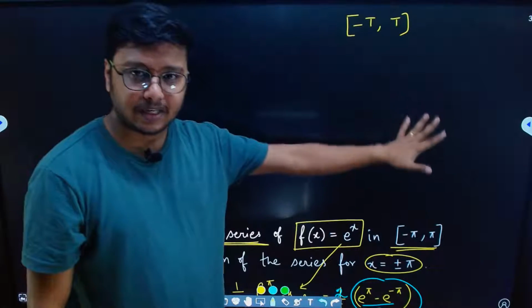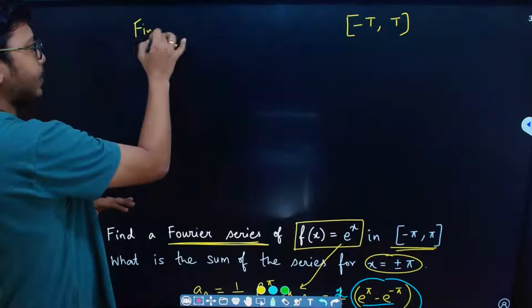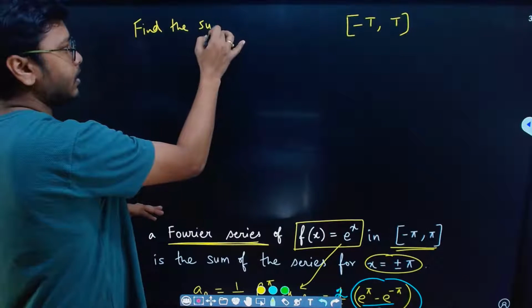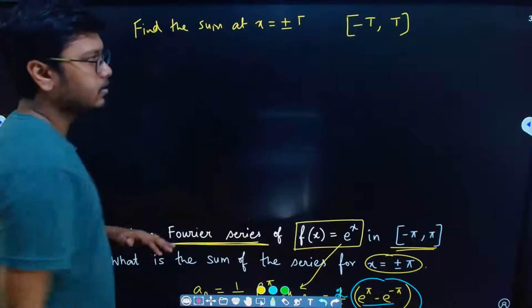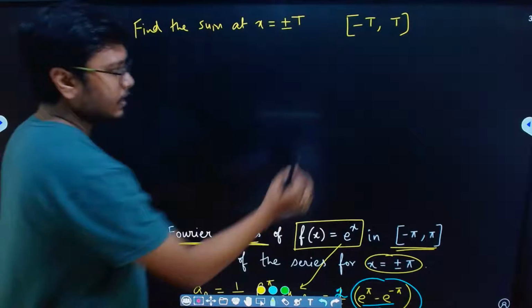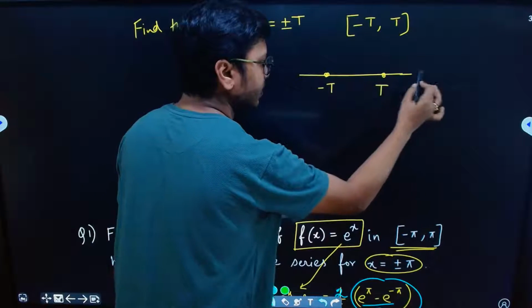If it is minus t to t, and the question is asking to find the sum at x equals plus minus t, if I draw a number line, let's say this is minus t and this is t.